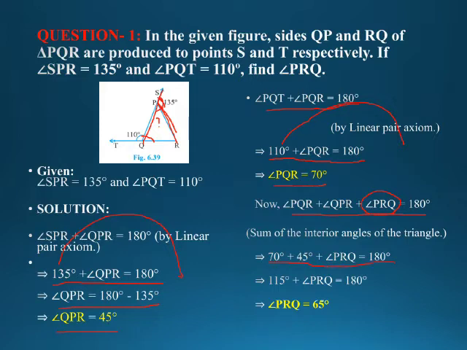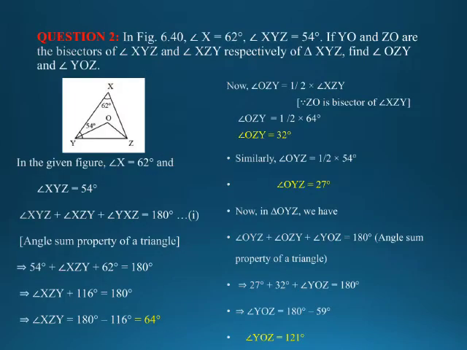So 70 plus 45 we get 115, plus angle PRQ equal to 180. Bringing 115 to the right hand side, 180 minus 115. So angle PRQ equal to 65 degrees. Now the final answer: angle PRQ equal to 65 degrees.